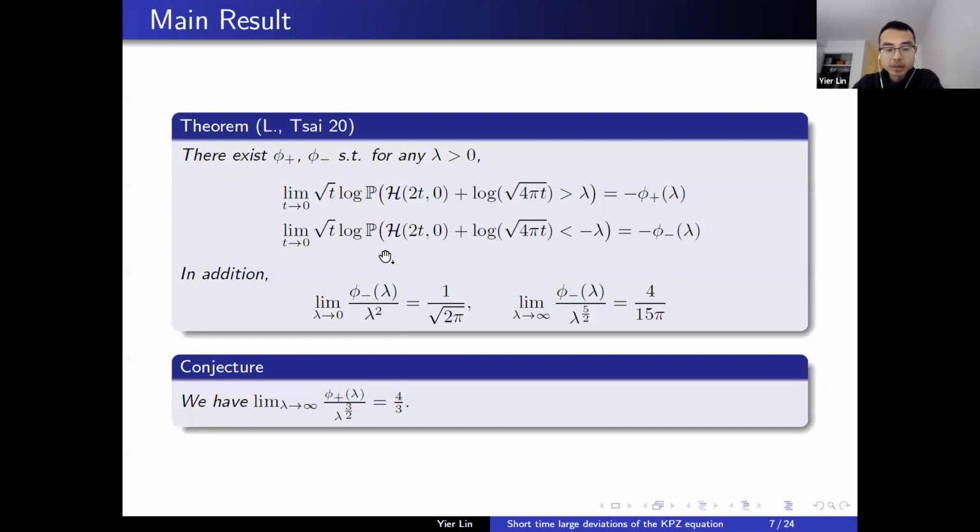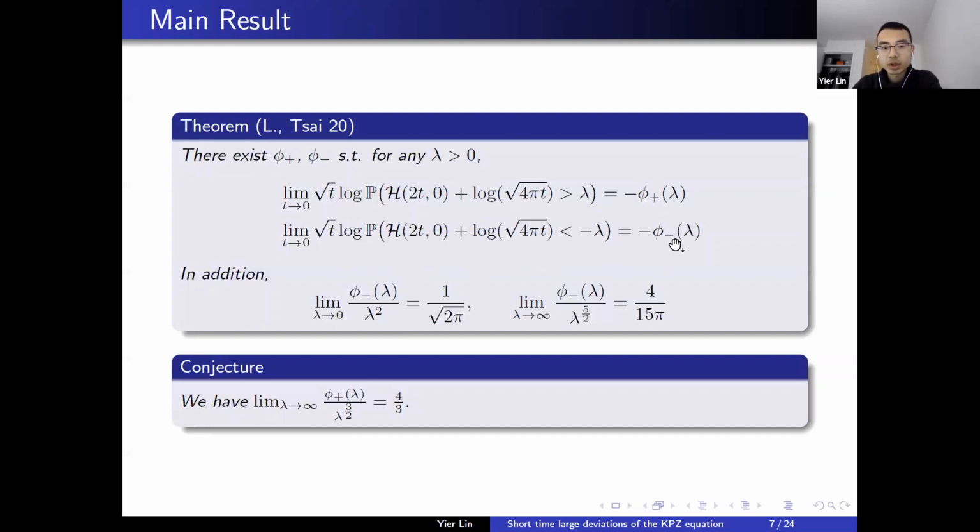The large deviation tells you this probability will decay exponentially with speed 1 over root t, with the rate function given by phi plus or phi minus, depending on whether you're looking at the upper tail or the lower tail.